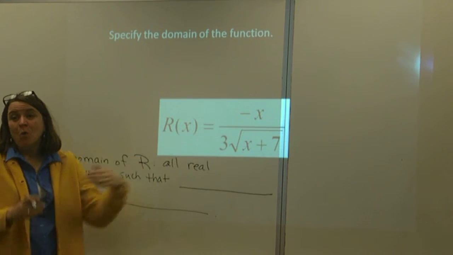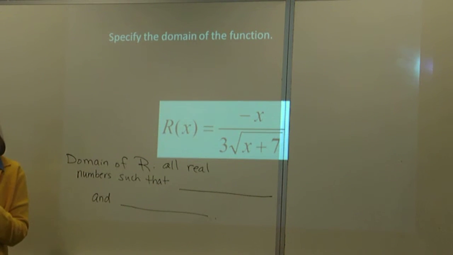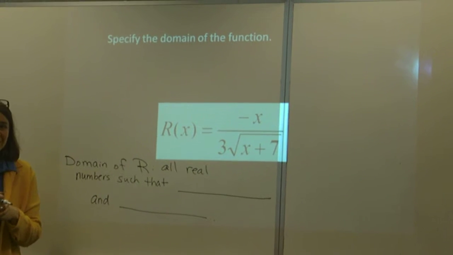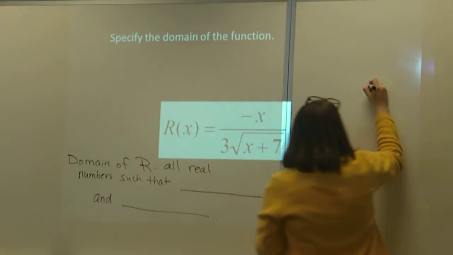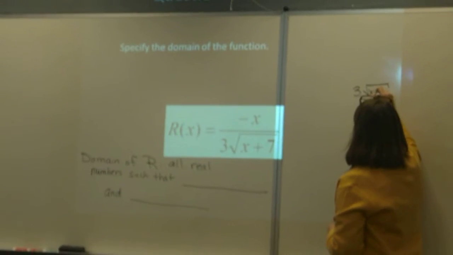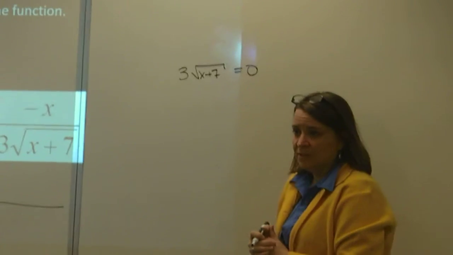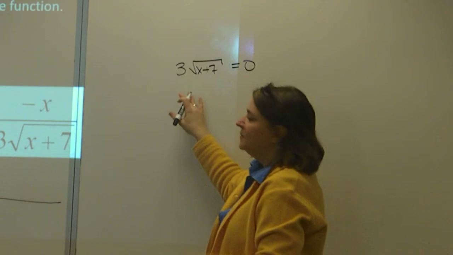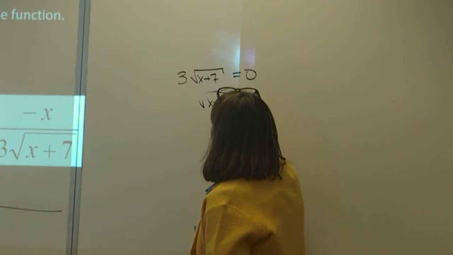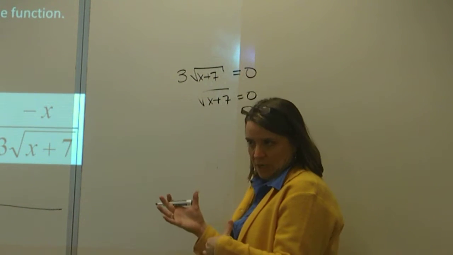Quotient, we don't want the denominator to be 0. Scratch work, set the denominator equal to 0 and solve. Divide both sides by 3.